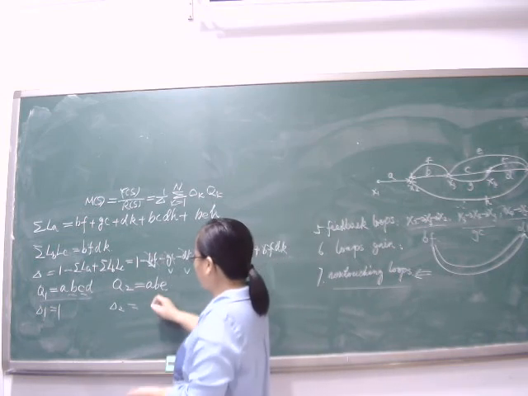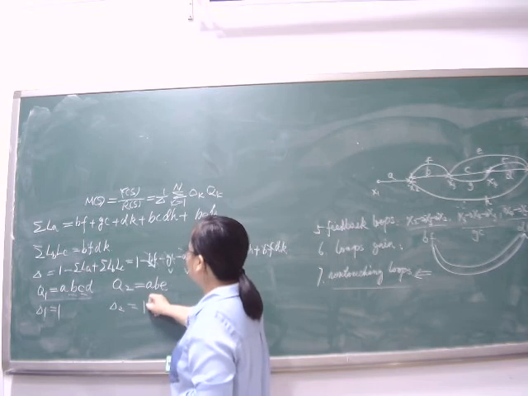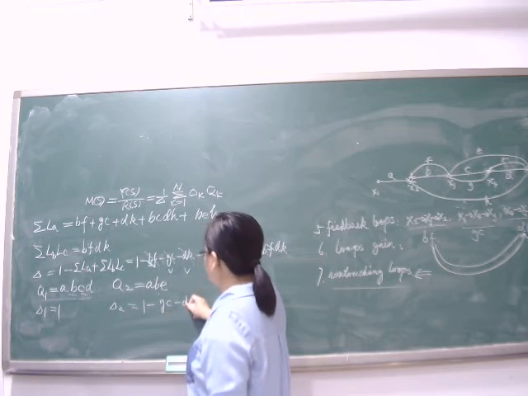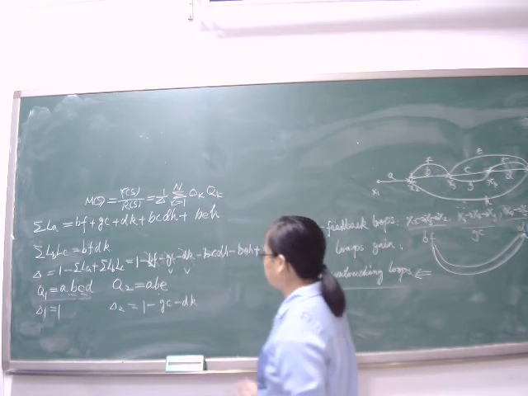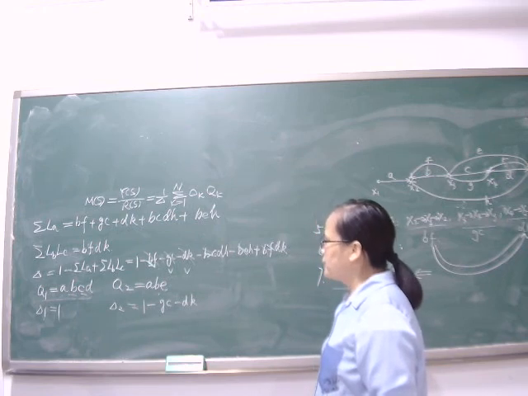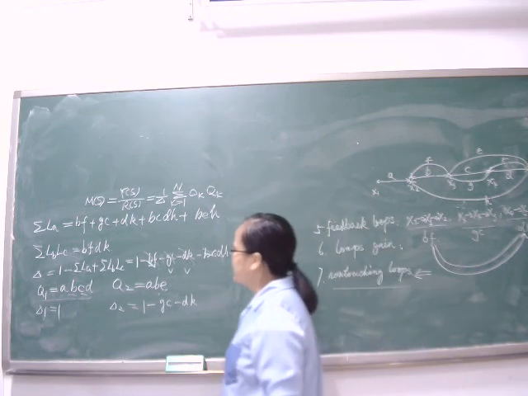So this delta 2 remaining equals 1 minus GC minus DK.